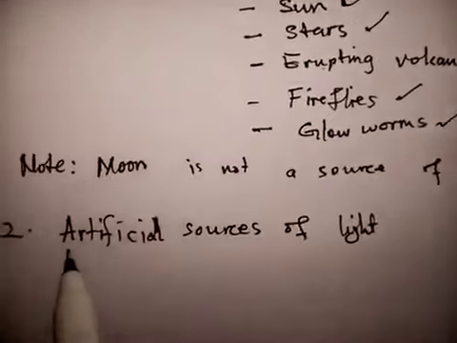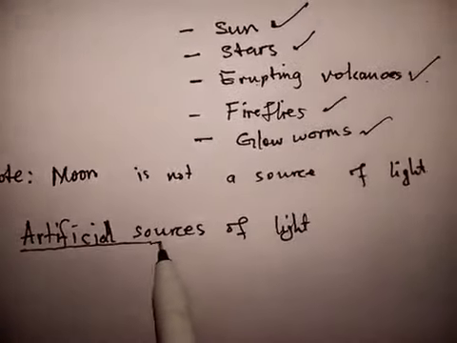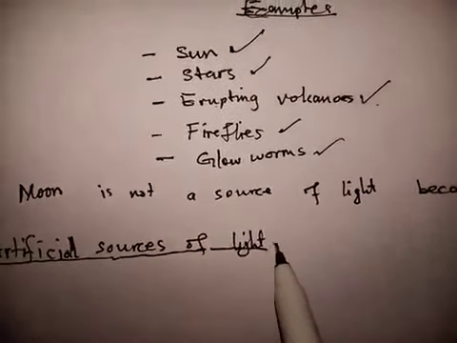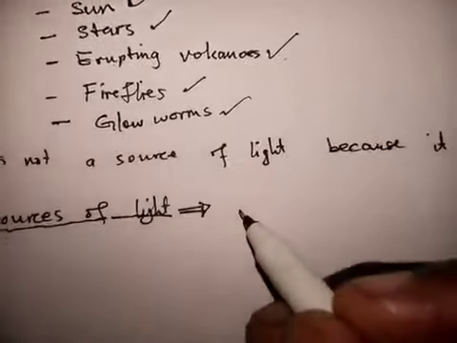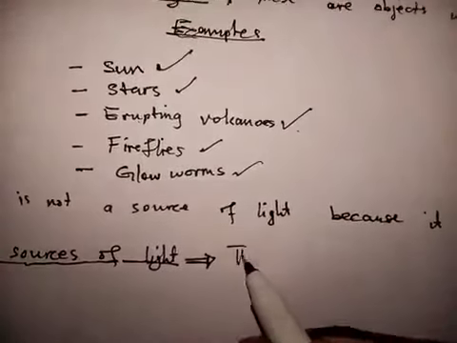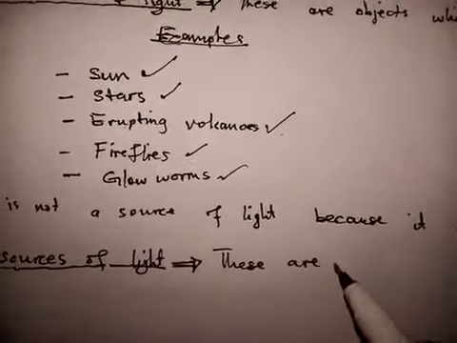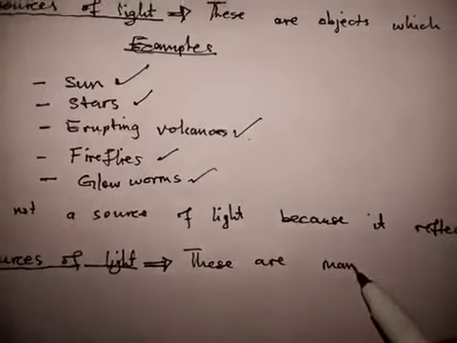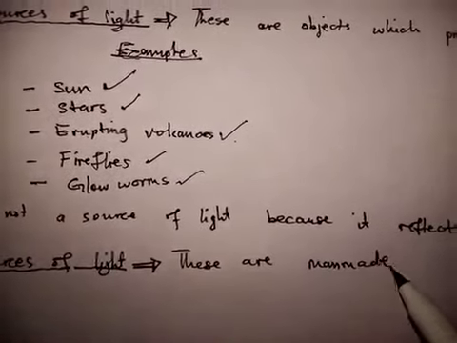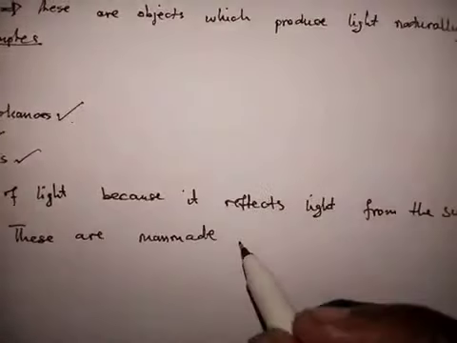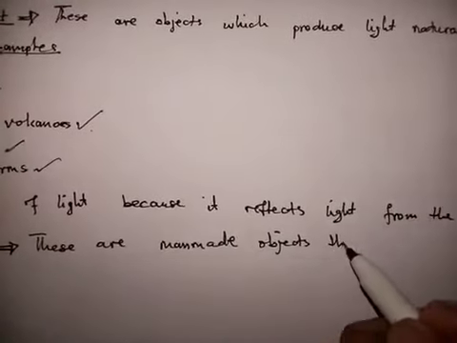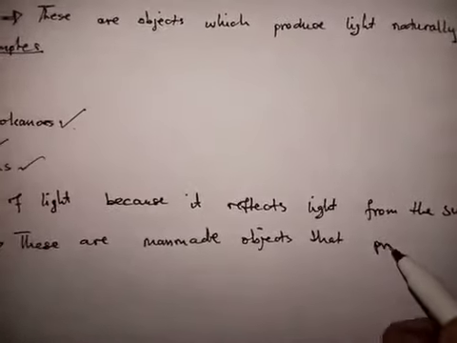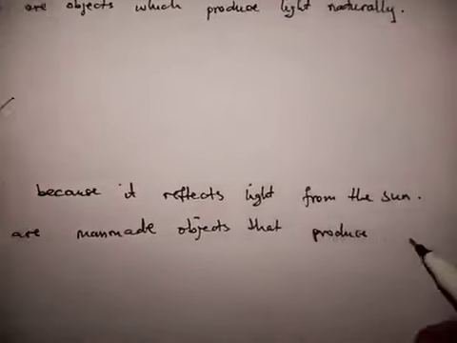Artificial sources of light are man-made objects that produce light.